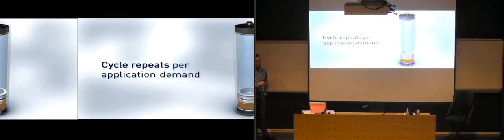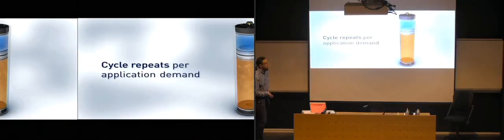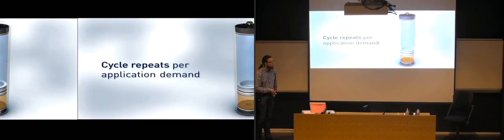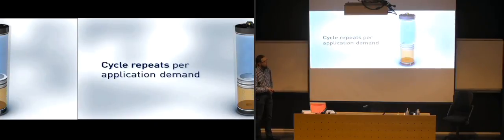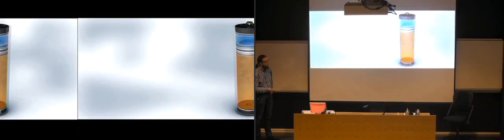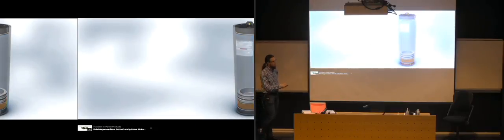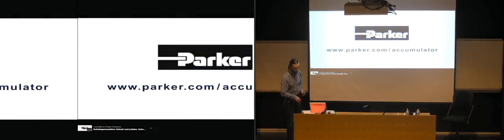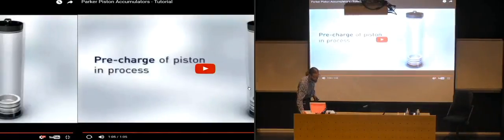And then you can repeat the cycle back and forth as much as you want, basically. And you can imagine that this works really, really fast, so you can get a very quick release of everything inside there.